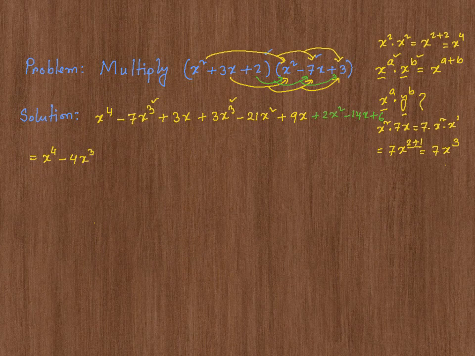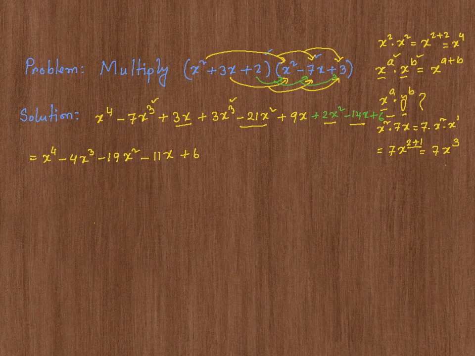Then the square terms, negative 21x squared plus 2x squared is going to give me negative 19x squared. And then the x term, 9x minus 14x is going to be negative 5x. And then we have 6. That's about it. There's nothing else. So plus 6.